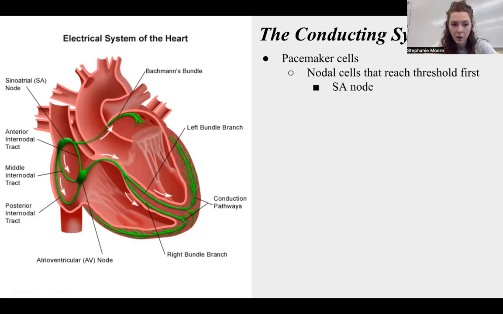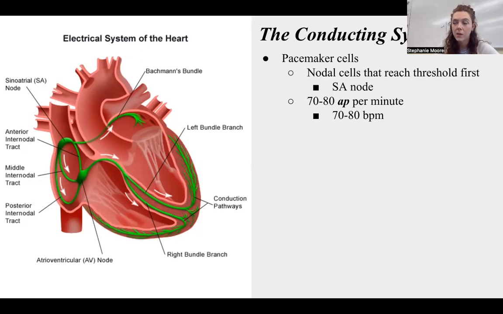At the SA node, this means that electrical impulse is going to allow us to reach around 70 to 80 action potentials per minute. Those action potentials per minute are a direct correlation to beats per minute. Action potentials per minute equals beats per minute. So at the SA node, we have a set 70 to 80 beats per minute.